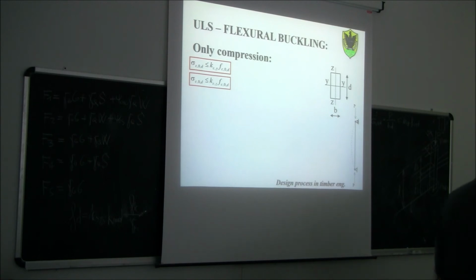Z. So we need to be careful here: kc,y means the reduction coefficient taking into account buckling around the y-axis, meaning that the cross section is going to move parallel to Z, not parallel to Y.